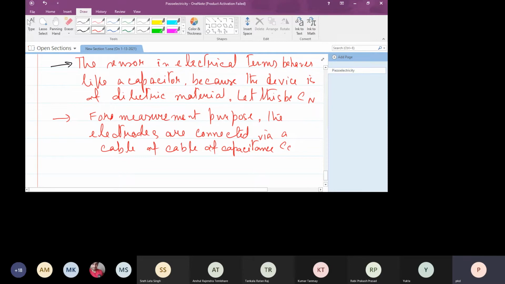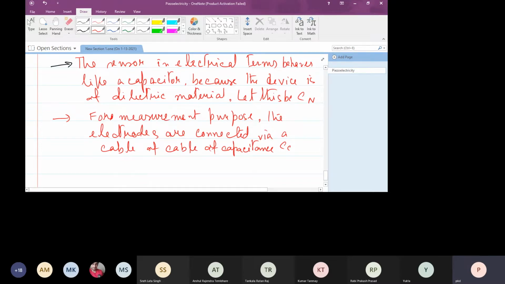The equivalent circuit as given in Bentley's book could be a current source.